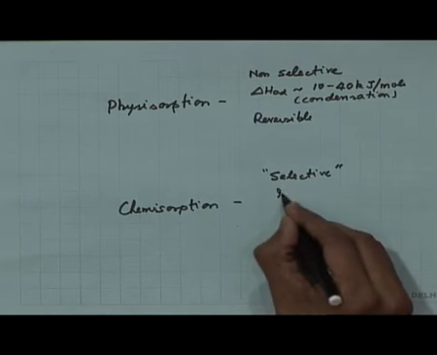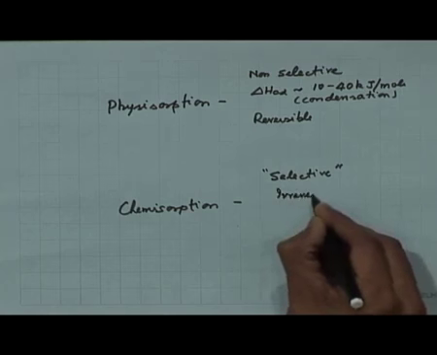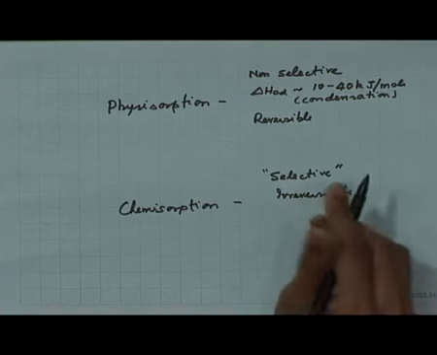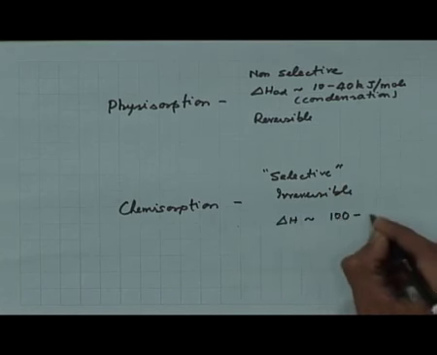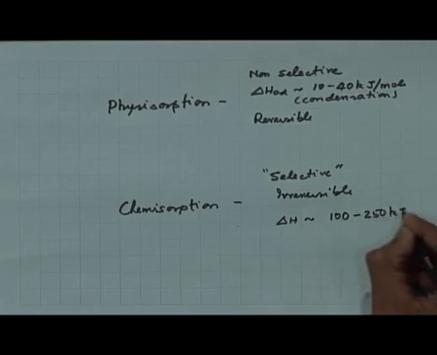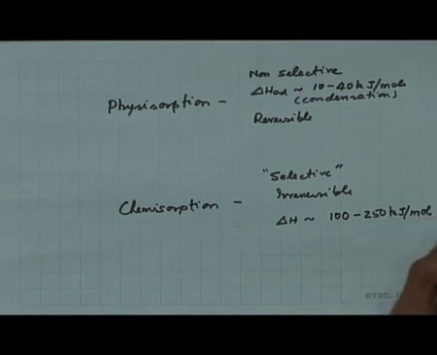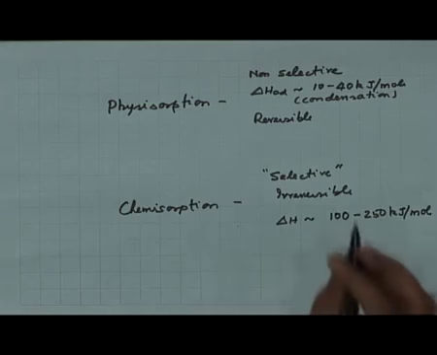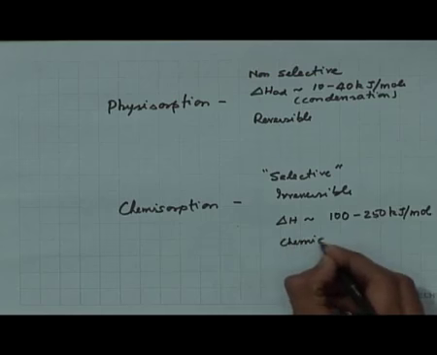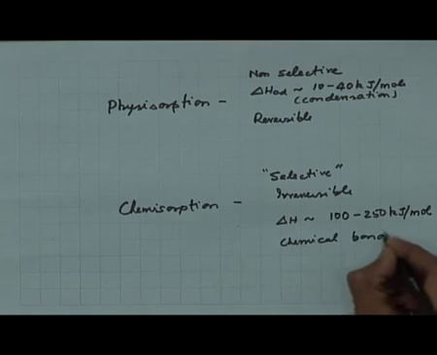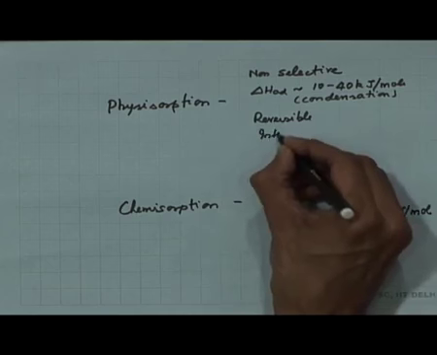It is irreversible sometimes, very often, and it has a delta H which is of the order of 100 to 250 kilojoules per mole. And I repeat that these numbers will vary depending upon which book you look at, not to worry, but the key is that there is a chemical bond formation. Here it is intermolecular force.